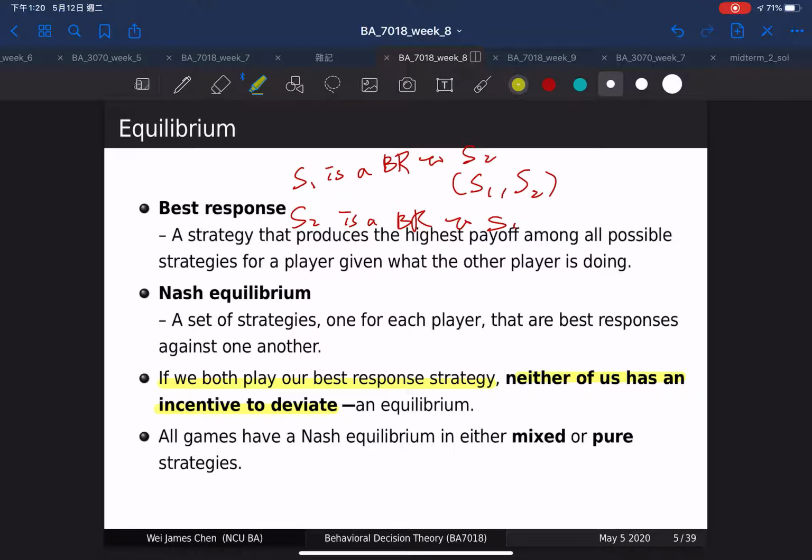So the thing that's possibly moving here is the strategy. I can choose a different strategy. When I choose a different strategy, that means I deviate. That's what deviate means. Okay? Because I'm already using the best response to your current strategy, and you are also using a best response to my current strategy, there's no way that either of us has an incentive to deviate. Okay?